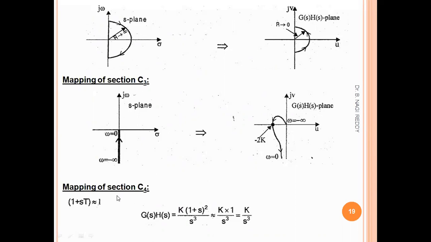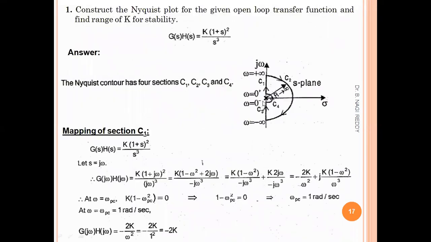And coming to section C4, you can see the contour of section C4 is this circle. The circle starts at minus pi by 2 and ends at plus pi by 2, starting from here and ending here, with a radius of 0. This is a very small circle with a 0 radius.